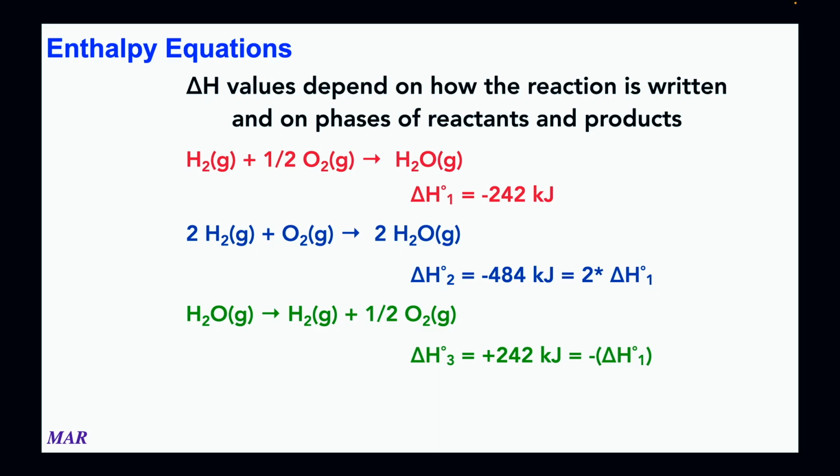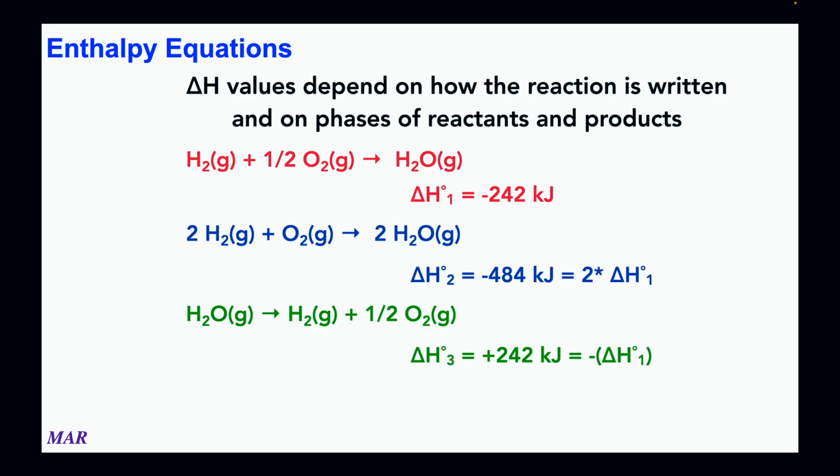But then, oops, I forgot, we're actually not making water, we're breaking water down. So we want to have water as a reactant making hydrogen and half of an oxygen. So compare this to the first one, to delta H1. The reaction is basically the opposite. We flipped reactants and products around to get this new version in green right there.